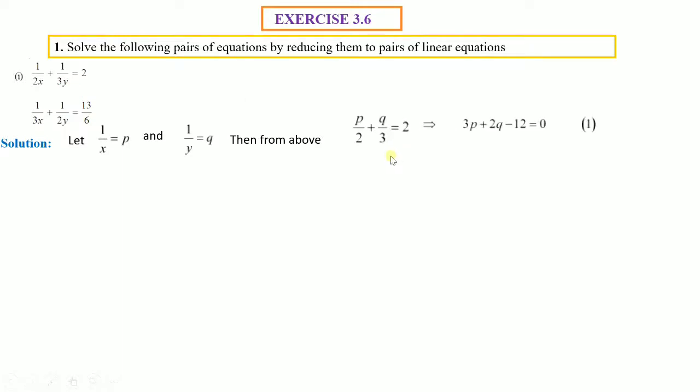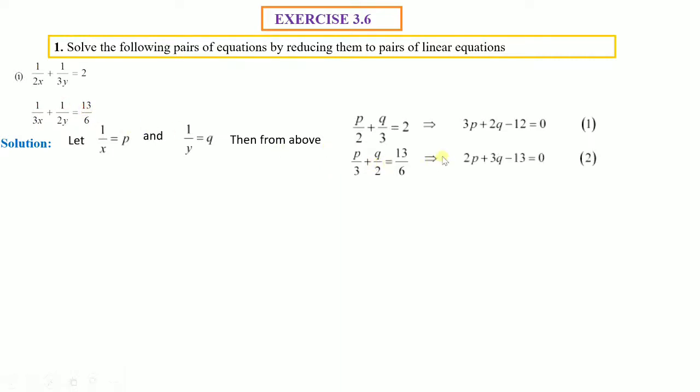Taking LCM, 3p plus 2q is equal to 6 twos are 12, and then 12 we take to the left hand side, so minus 12 is equal to 0. Next, here also p by 3, and 1 upon y is q, so q by 2 is equal to 13 by 6.